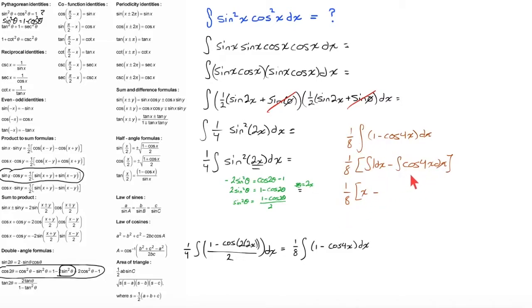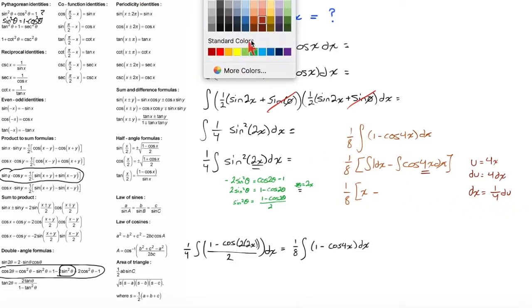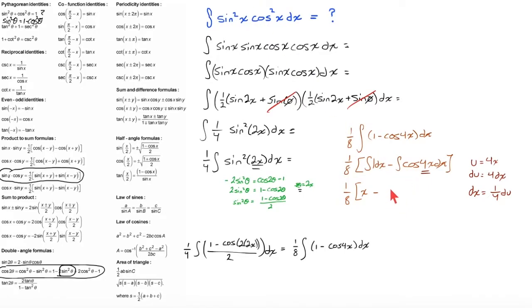If you want to do this, we could call u 4x, du equal to 4 dx, and therefore dx is equal to 1/4 du. So we could rewrite that integral as the integral of cosine of u. Instead of dx, we're going to write 1/4 du.